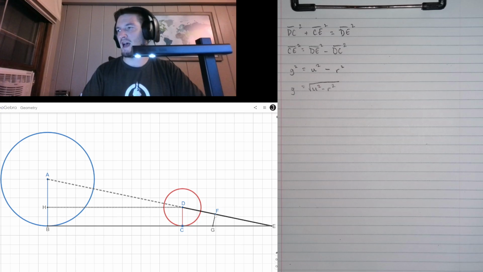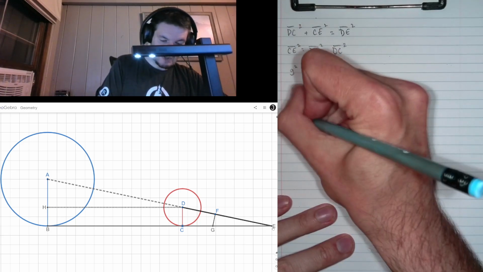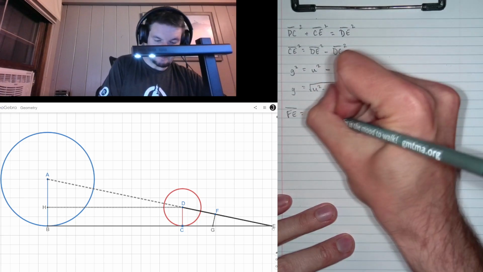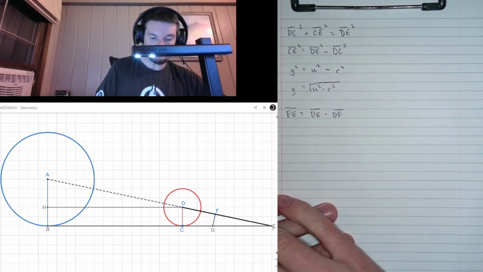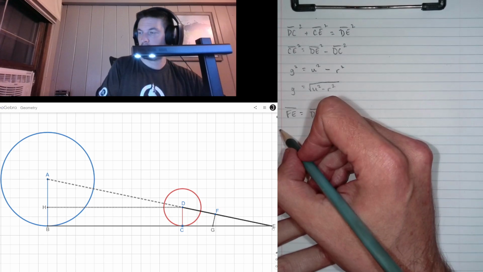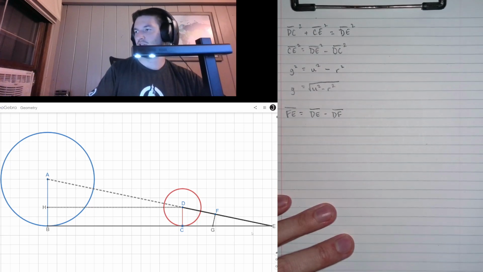We know that point F is a given distance away from the center of the circle. We're going to call that distance V. So we know that the length FE is equal to the length of DE minus the length of DF, because we need to know FE.